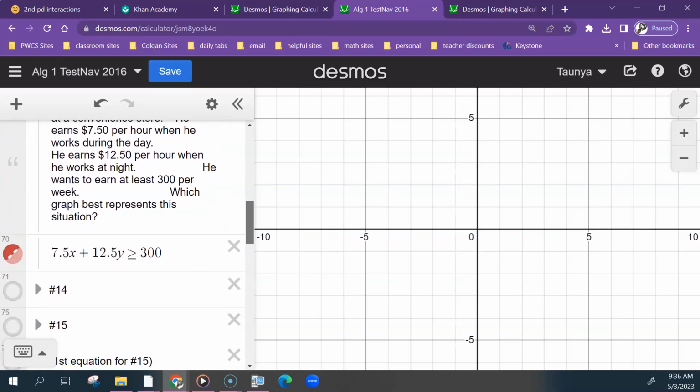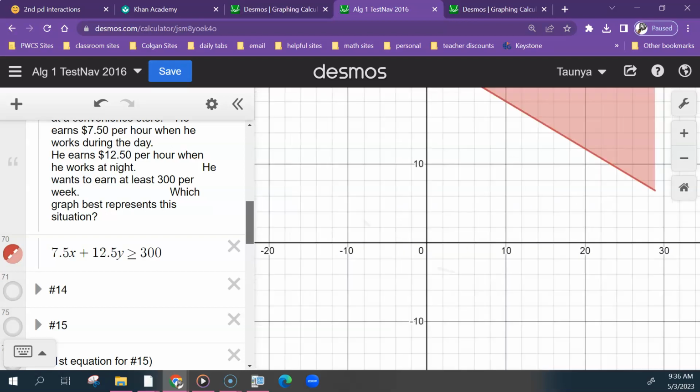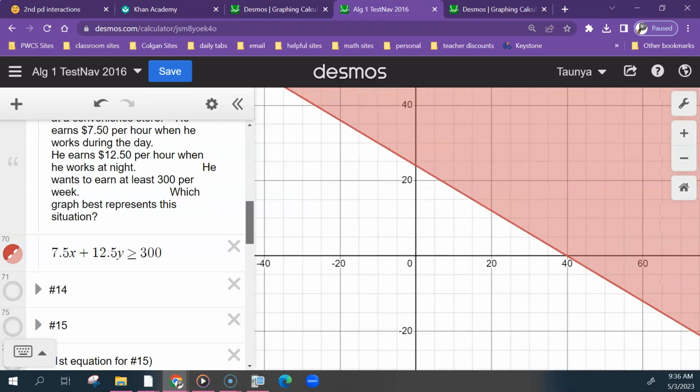Okay. 13. I don't know if I gave you this equation right. I'll make this up. So you would have to look at the numbers given and make up an equation, which would end up being this one. 7.5x plus 12.5y is greater than or equal to, because he wants to earn at least.